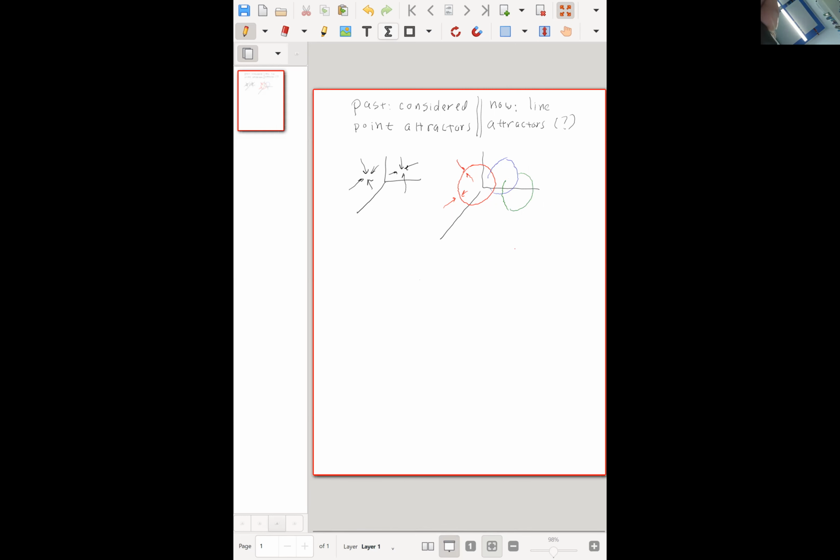Okay. So the question is, and there are two questions we want to answer today. Question number one, can we have multiple line attractors?